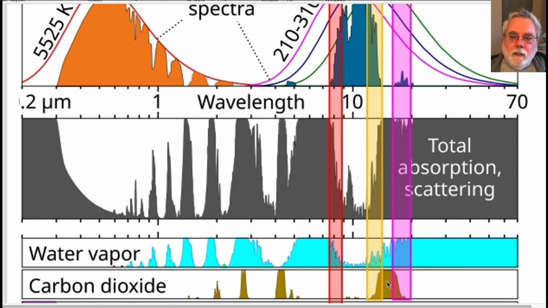Adding more carbon dioxide increases the width of the blanket wavelength ranges that are 100% absorbing, which increases absorption. I think this is a smaller impact than the wings with present concentration and emissions.